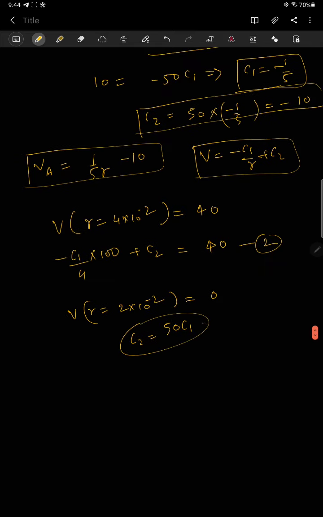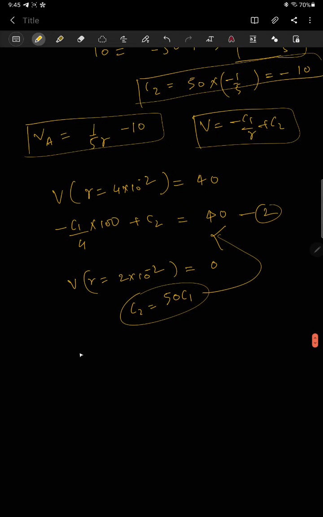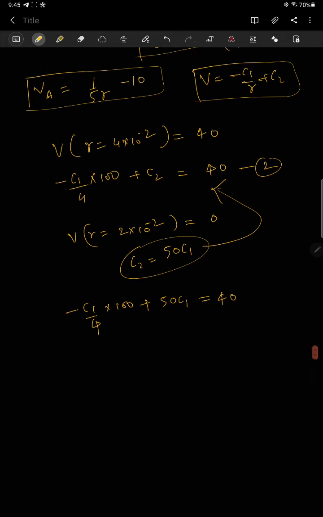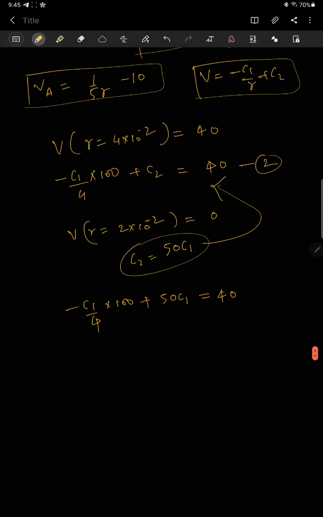So you will use this equation in this equation, minus C1 by 4 100 plus C2 57 into 40. So what this will do, this will give 25 C1, and 25 subtracted by 25 C1 is equal to 40.